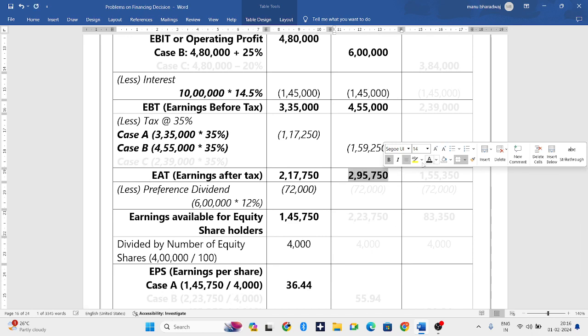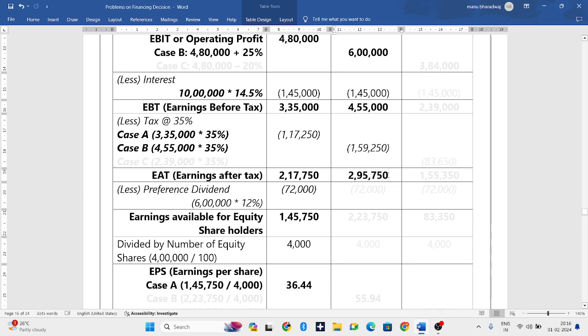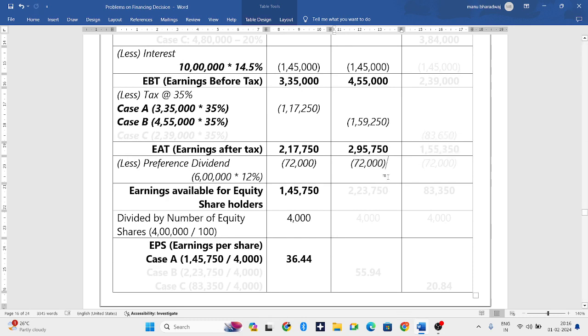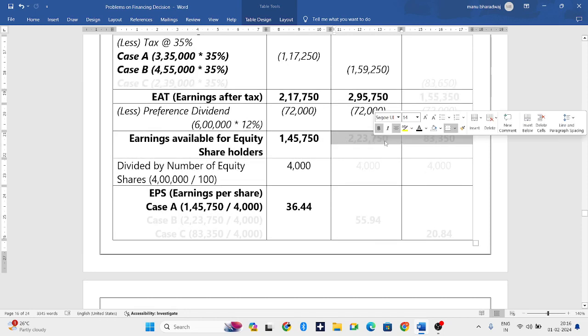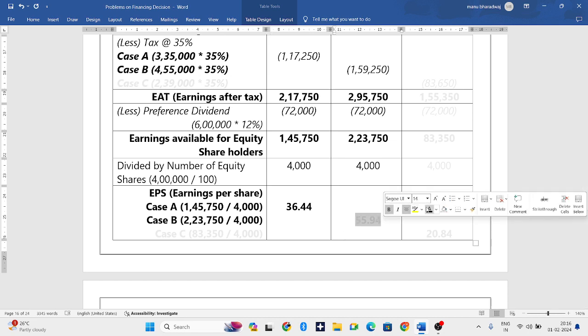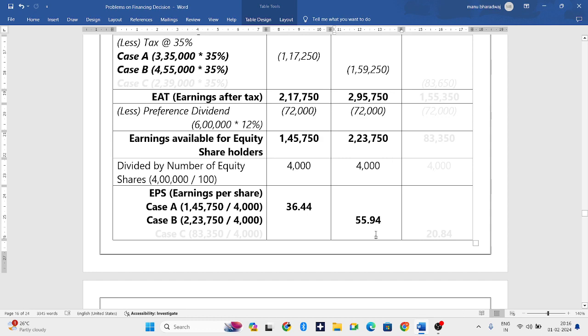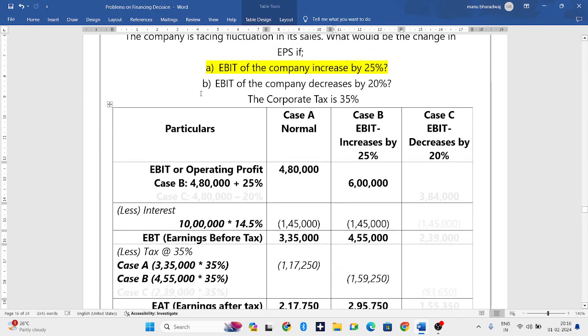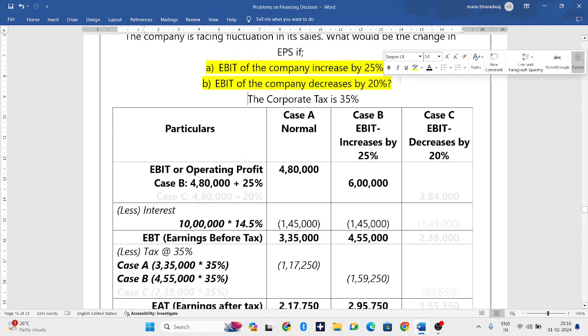If you subtract both, you will get 2,95,750. From that you have to subtract 72,000 preference dividend. You will get earnings available for equity shareholders, that is 2,23,750. Divided by number of shares, 4,000, you will get the EPS. EPS is 55.94.